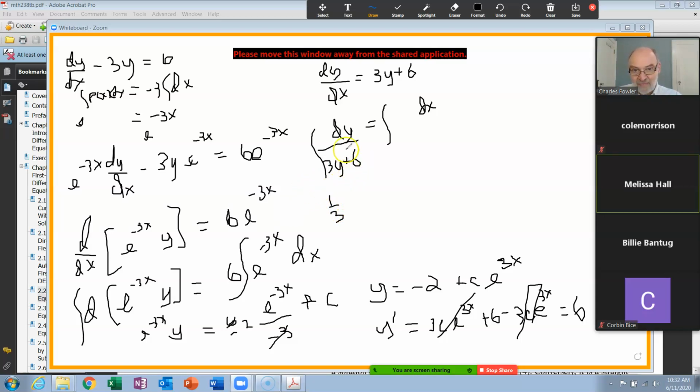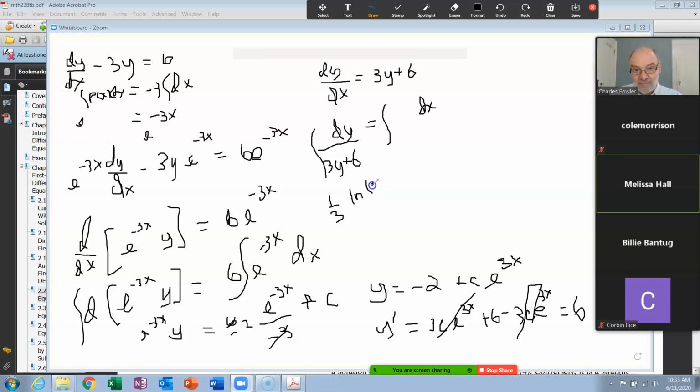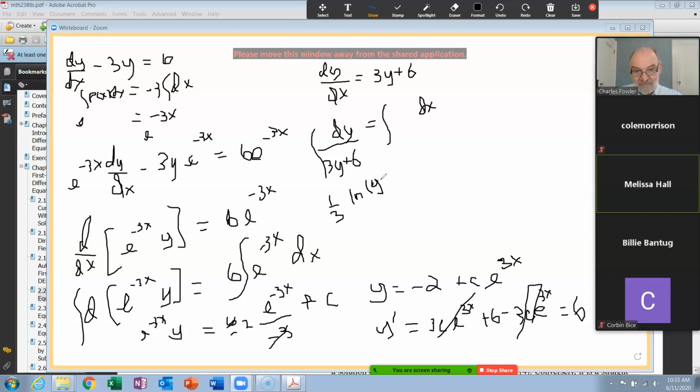If I factored out the 3, that would have been dy over y plus 2, right? And the antiderivative of that is the log. Natural log of technically absolute value y plus 2. Because I factored out that 1/3.